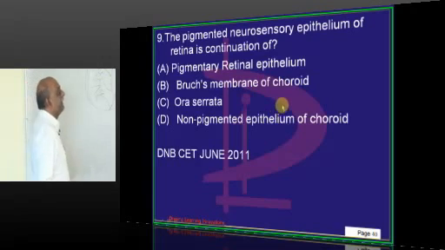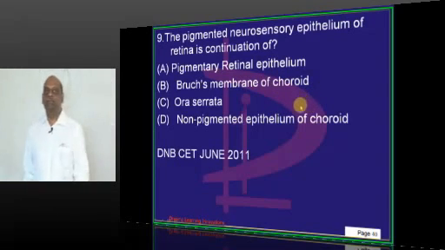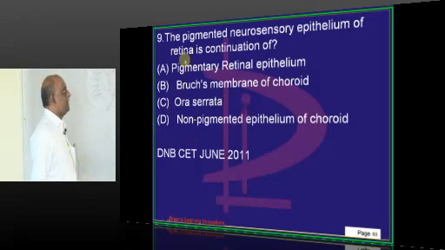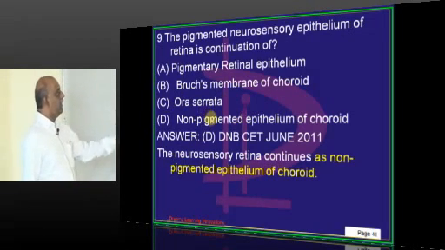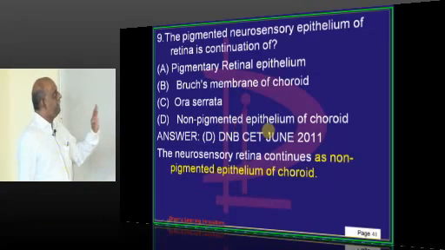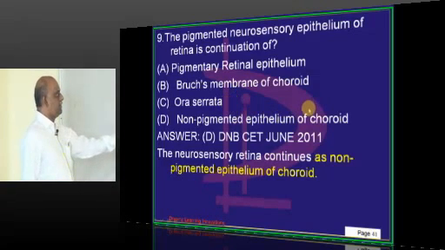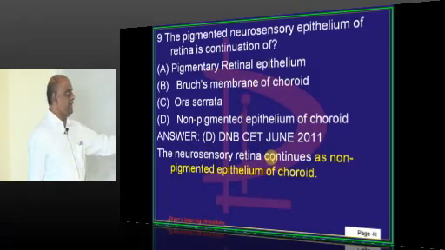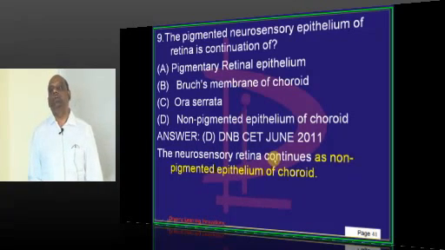Now, what is the pigmented neurosensory epithelium of the retina was a question in DNB. Typically, the non-pigmented epithelium of the choroid continues to form the neurosensory retina, is what you have to basically appreciate.